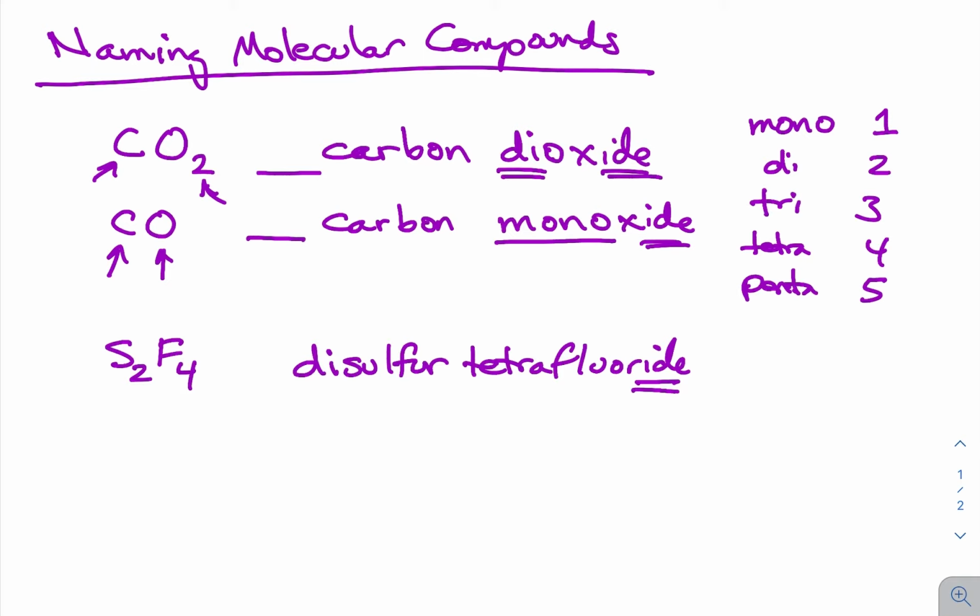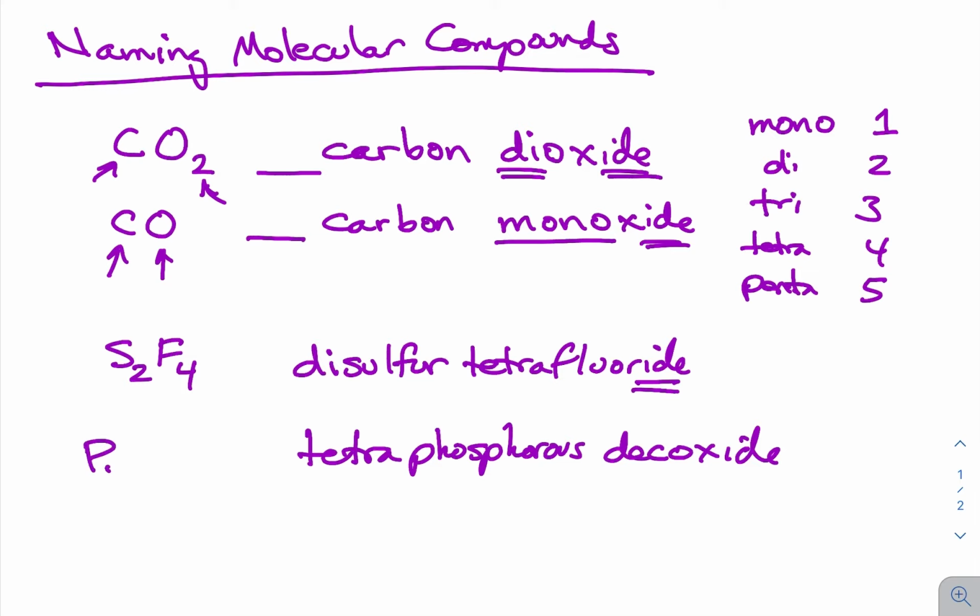Also, this allows you to go the other direction. So if I were to give you tetraphosphorus decoxide, tetraphosphorus, that would be 4.